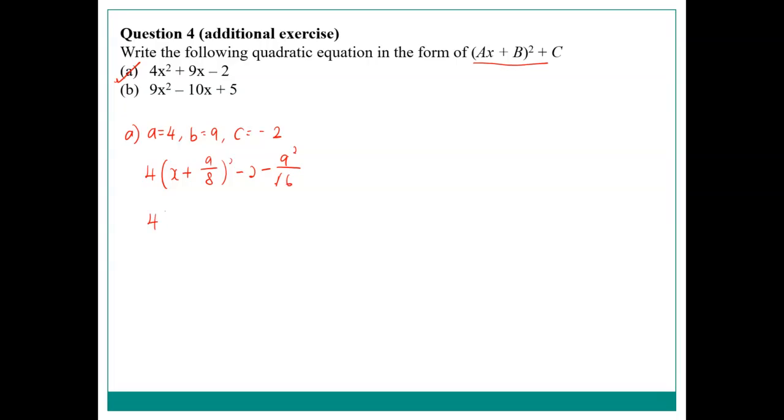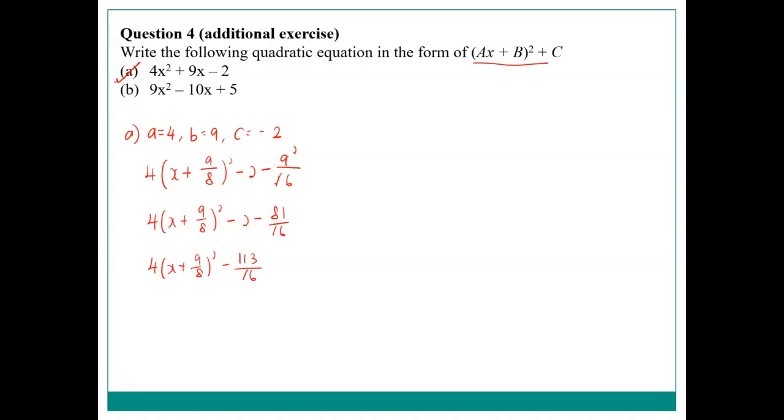So this is 4 times (x plus 9 over 8) squared. So I have -2 minus 81 over 16. How much do I get for this? I get -113 over 16.